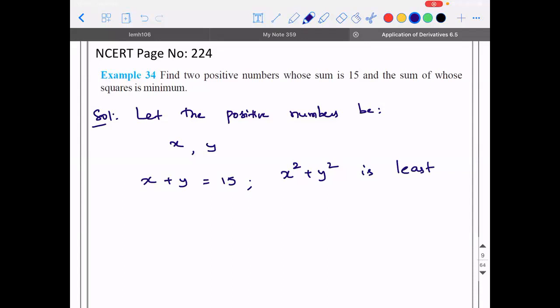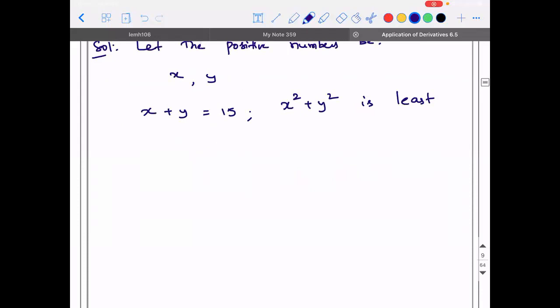Now listen to this. This x square plus y square, if I call it S, I always need to check how many variables the value I've given is dependent on. Now, S is dependent on how many variables? 2.